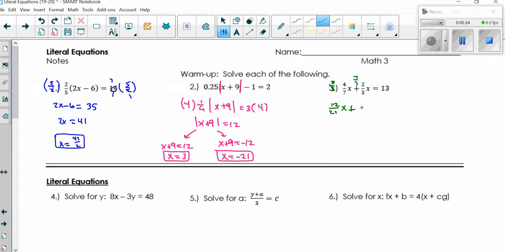And then over here, 7 times 2 is 14 over 21x. And then I'm just going to leave this as 13. I can add these now since they have common denominators. So 12 plus 14 makes 26 over 21x. Remember, don't do anything to the denominator. The denominator stays the same. So just like in the last ones, I can multiply by the reciprocal.